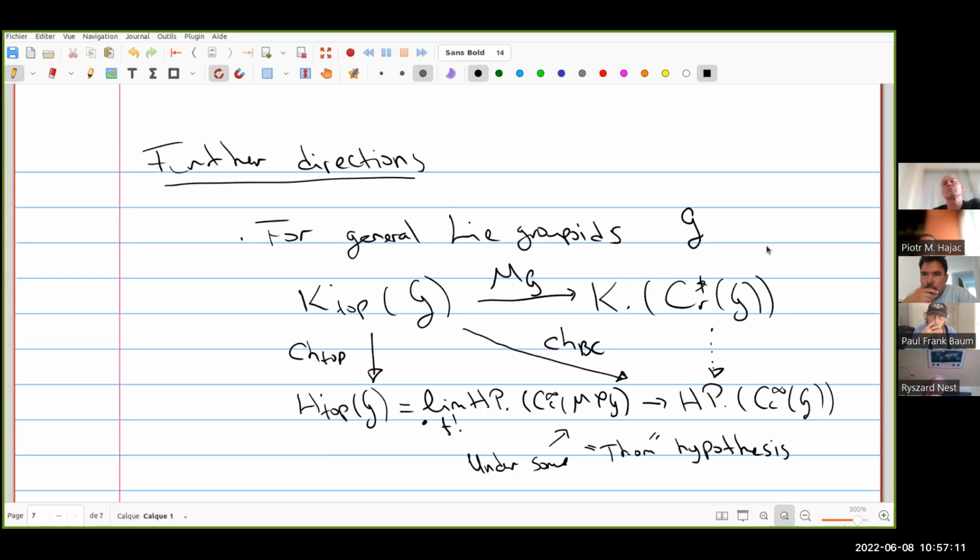Nigel Hickson worked on this for years, but the original idea goes back to Mackey. These two actually have a natural bijection between their irreducible representations. This is an even stronger result, which implies Kasparov. So we have that now.